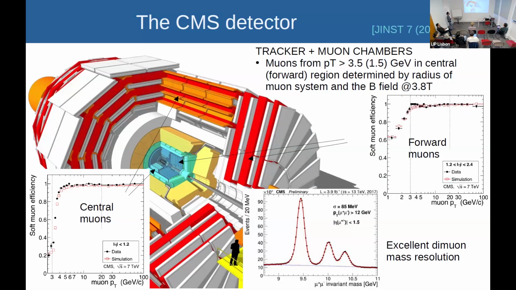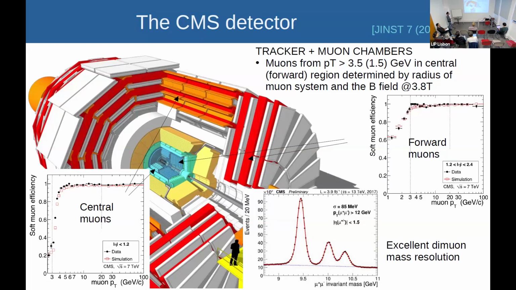Secondly, we also use the muon chambers to identify the muons in our decay. This can go down to a PT of 3.5 GeV in the barrel region, the central region, and 1.5 GeV in the forward region. You can see here the efficiency curves, and this is also extremely important for the physics applications.